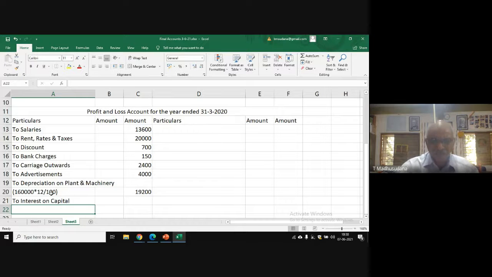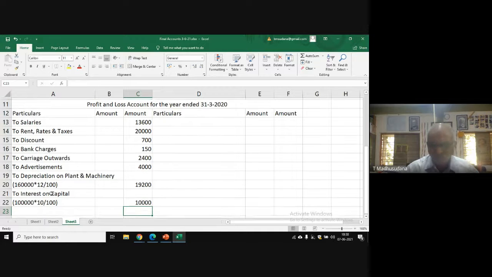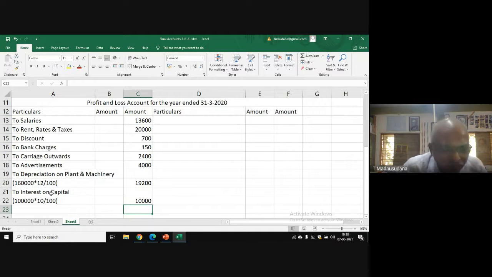On 1 lakh rupees we calculate 10%. So 1 lakh into 10 by 100 is the formula for calculating the interest on capital. How much is it? 10,000 rupees. Okay, so these are the items which appear on the debit side of the profit and loss account.